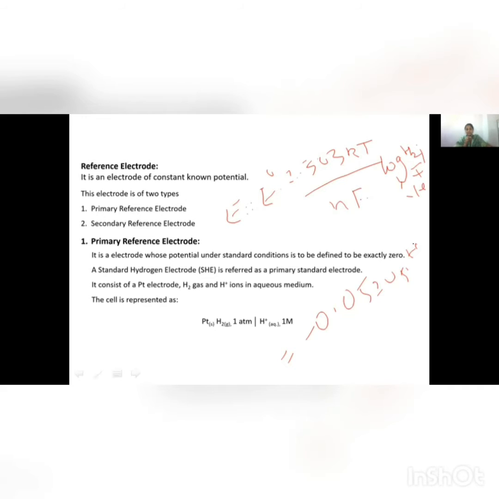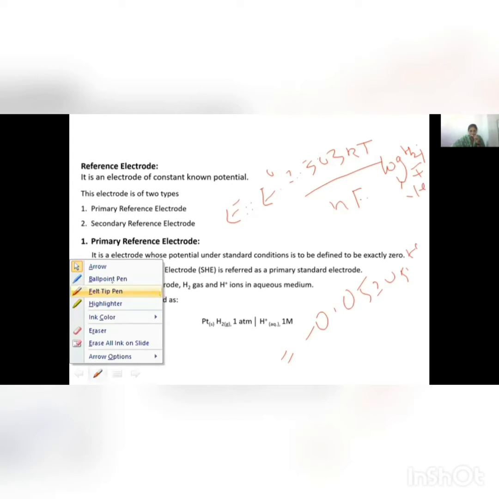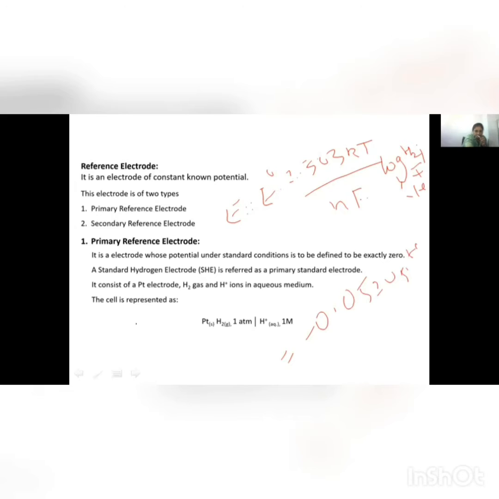This half cell can be coupled with another reference electrode, that is a hydrogen electrode. So we are using the formula E cell is equal to E right minus E left. Already we know the potential of the reference electrode is 0. So the potential value obtained is 0.0592 pH. We write in the formula E cell is equal to E right minus E left.